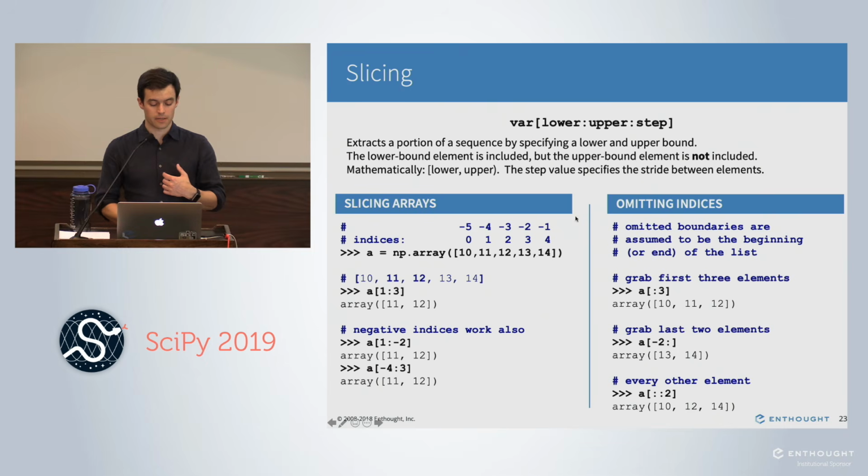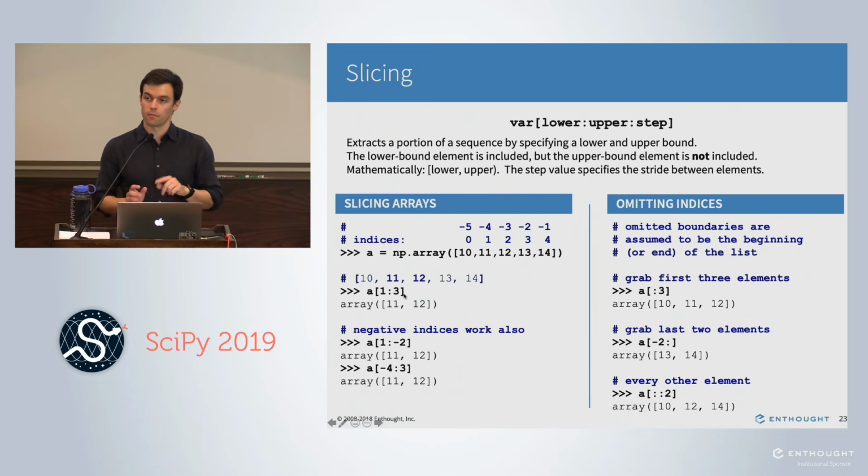So the way it works is that it uses negative numbers. So -1 is always the last element of your sequence. So that allows you to do things like 1 colon -2, which ends up in this case making exactly the same slice. However, I read these two things entirely differently.